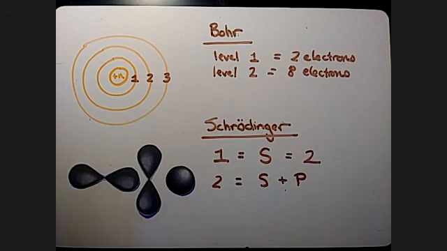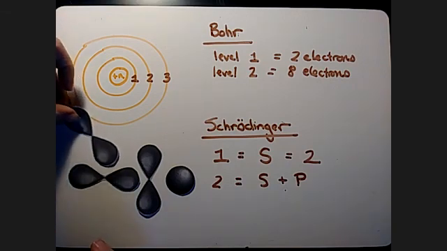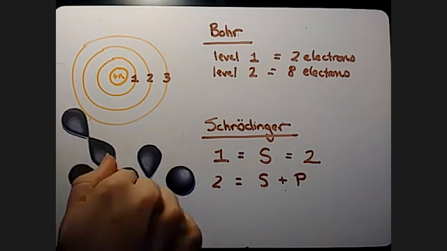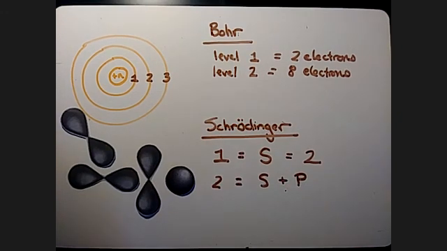And again, you have to use your imagination here. This one would be going in and out of the plane of the board. So it would be like sticking straight up and sticking straight down into my board. But take a look at this now. 2 electrons here, 2 electrons here, 2 electrons here, 2 electrons here. That gets you to a total of 8.